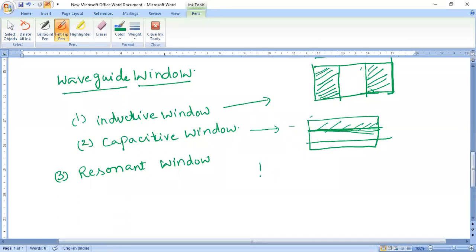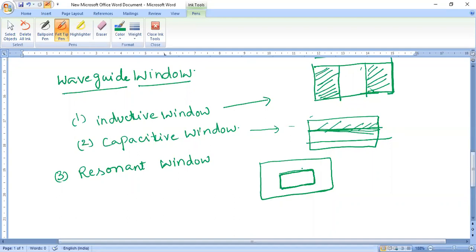What the resonant window tells us is, if this is a waveguide and the conducting sheet is placed like a square or a rectangle, then it is called a resonant window.